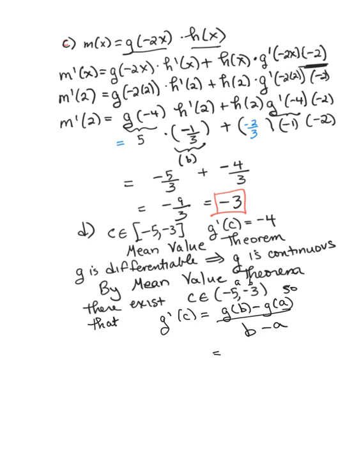So we just substitute those in there. G of -3 minus g of -5 over -3 minus -5.